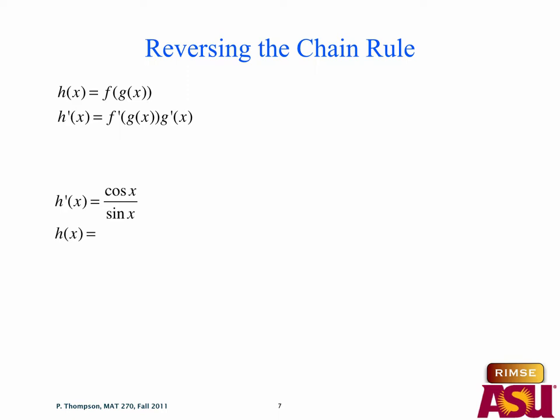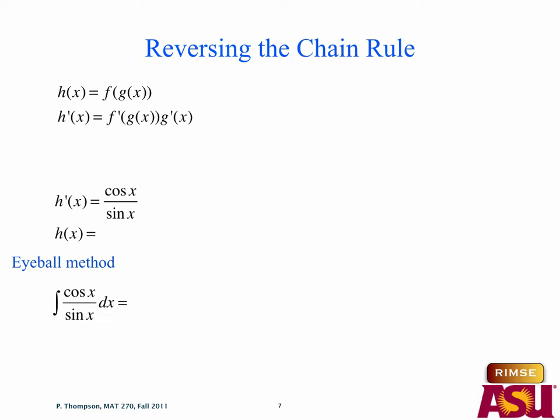So what you could do instead is to say, all right, well, I've got a cosine and a sine. I know that those are related by derivatives. So let me just think, well, if I had sine of x in the bottom, so I could think 1 over sine of x. That's a composition of sine of x and the 1 over x function, right?